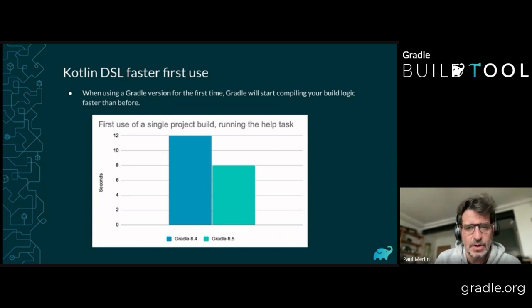We do less work when starting the Kotlin DSL, and this graph example shows a single project build with a couple scripts running the help task, and it shows 4 seconds shaved from the first use, which is very much welcome.